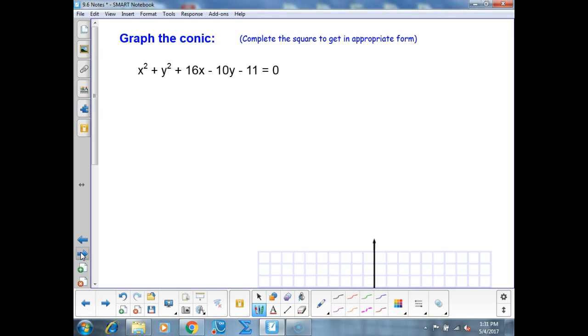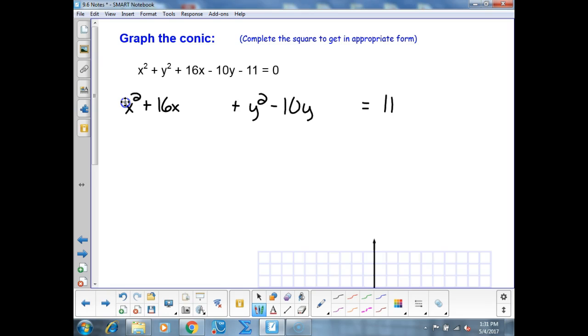Okay, so there's 3 checks: number of squared terms, lead coefficients, add or subtract. Okay? So I would reorganize this one in x squared plus 16x plus y squared minus 10y equals positive 11 form.